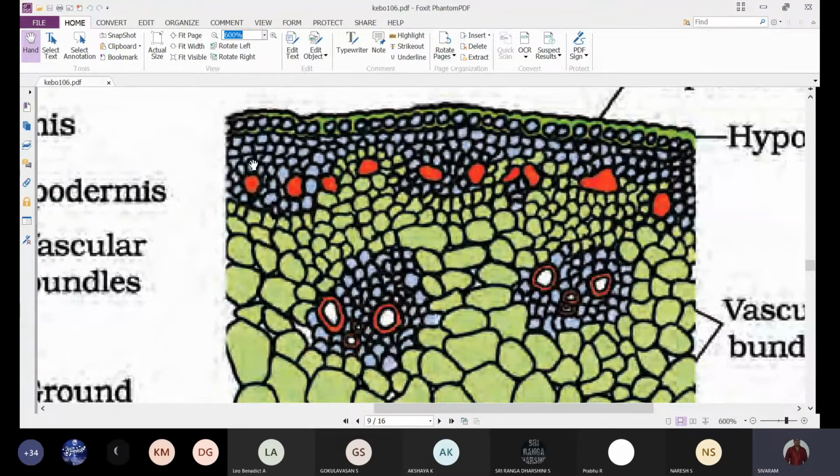We are calling it a cortex or cortical cell layers. And below the cortex we will find the endodermis, which is made up of parenchyma cells rich in starch grains. That's why it is also called starch sheath.